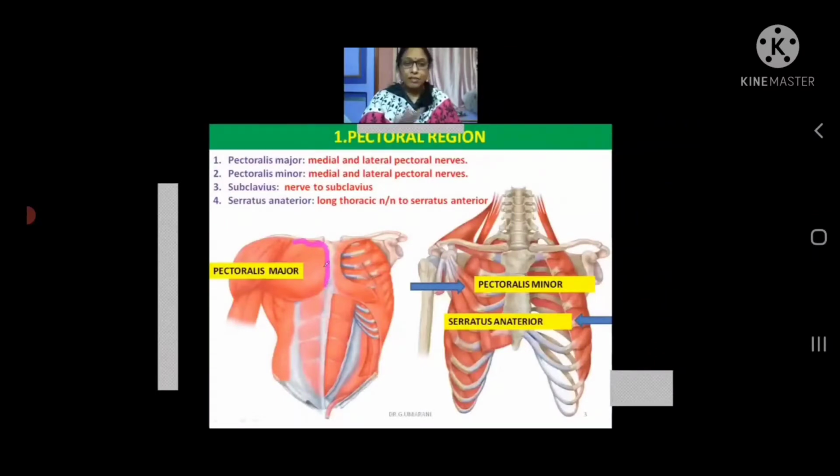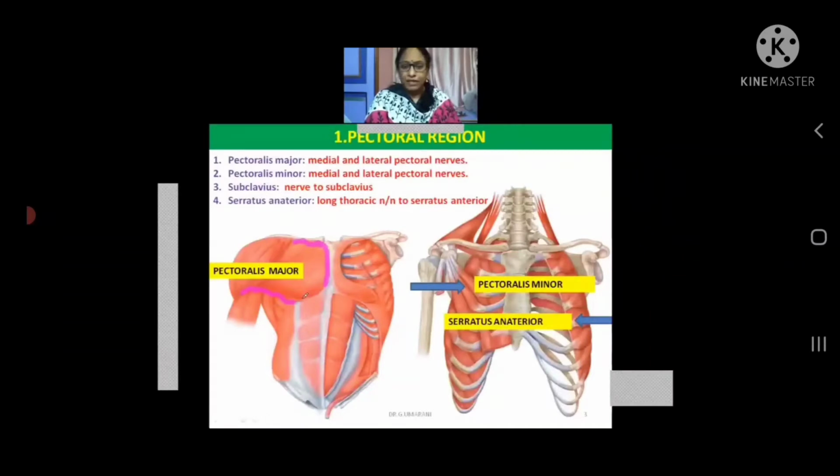It is inserted as a bilaminar tendon into the lateral lip of the bicipital groove. So this is the origin and insertion of the pectoralis major. This very important muscle is helpful for flexion, adduction, medial rotation, and even for climbing, so we call it a climbing muscle. So this is about pectoralis major.